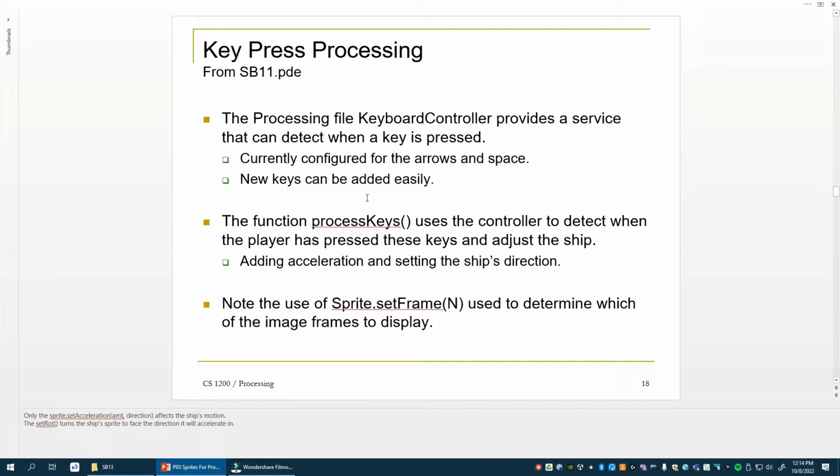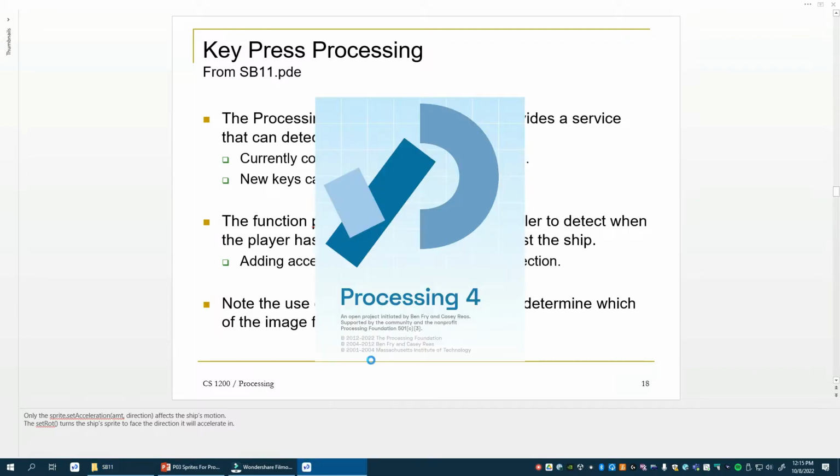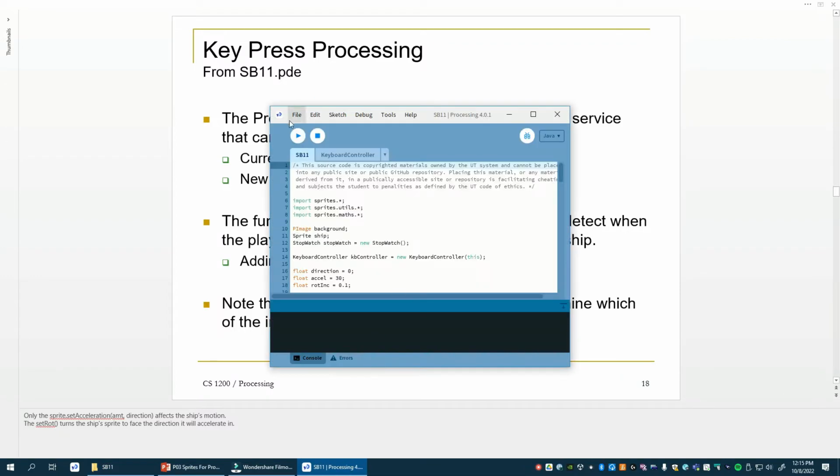Okay, so where we left off was the idea of key processing. To use this game, we need the capability to detect whether or not a key is pressed. Looking at the example SB11, we'll run it.